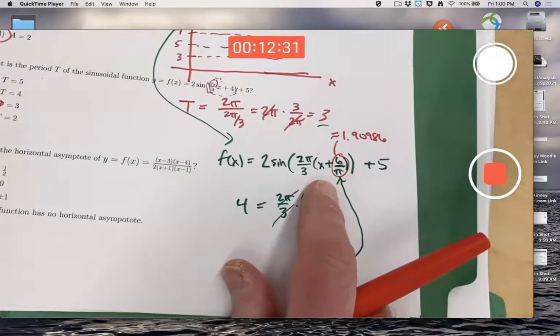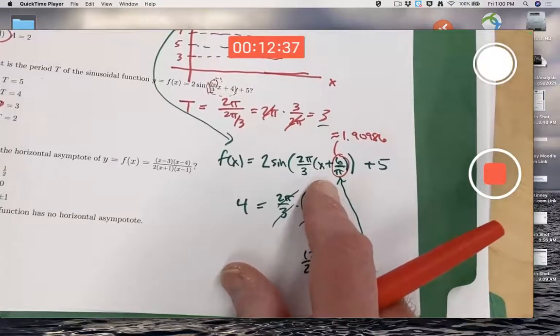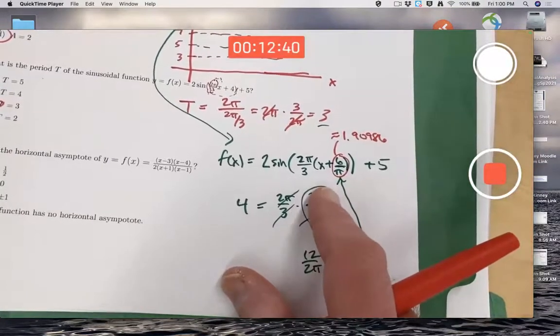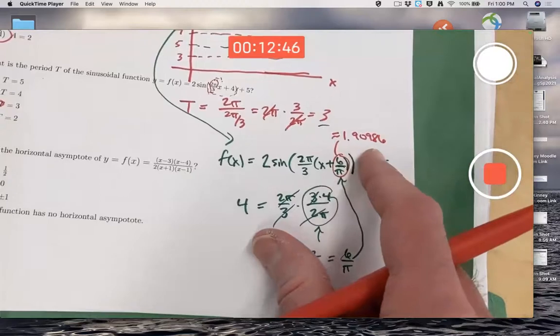Why? Here's an intuitive way to think about it. What would you need to replace x with to make this equal to 0? You'd need to replace x with negative 6 over pi, negative 1.90986.